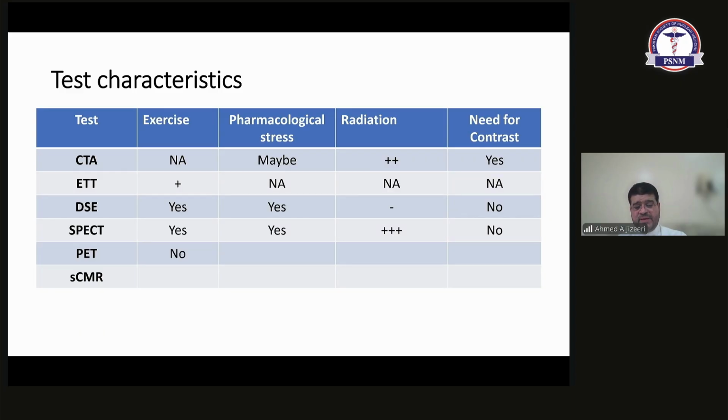PET, probably now with flurpiridaz, we can do some exercise stress testing. However, it's mainly pharmacological stress testing. It has a better radiation profile, and it has no need for contrast. And CMR, we cannot do exercise. We can do pharmacological stress testing. It has no radiation. It has its own contrast, which is gadolinium-based contrast agent.